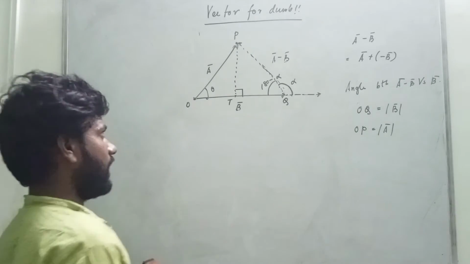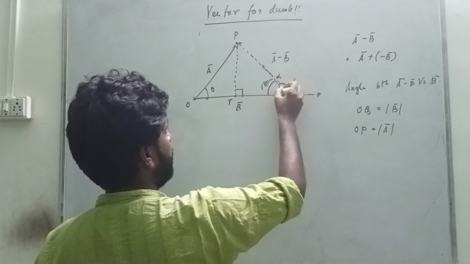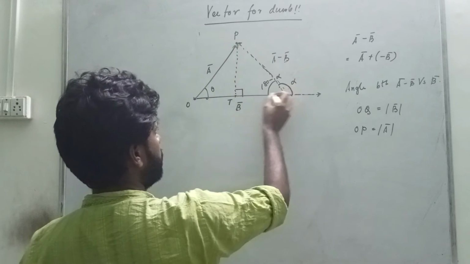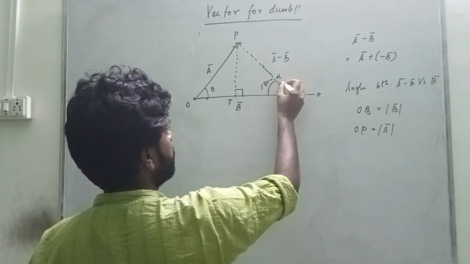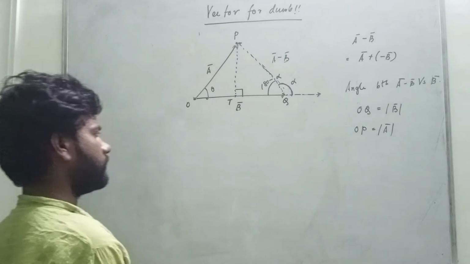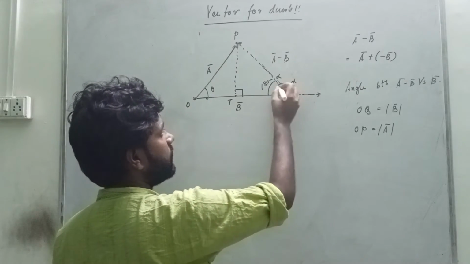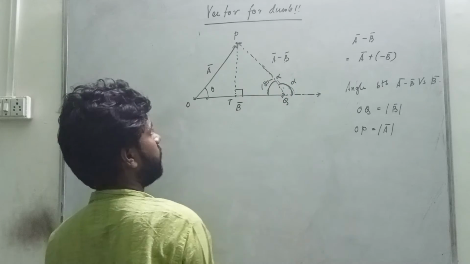And I want to calculate the angle in between A minus B and B, just alpha here. So if it is alpha, then it is 180 minus alpha.